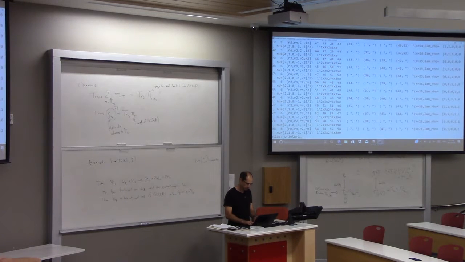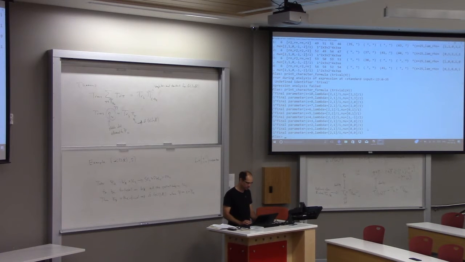So print character, trivial. This at least should be right if I spell trivial correctly. Okay. Print character formula. Is there a way of seeing this with the indices?